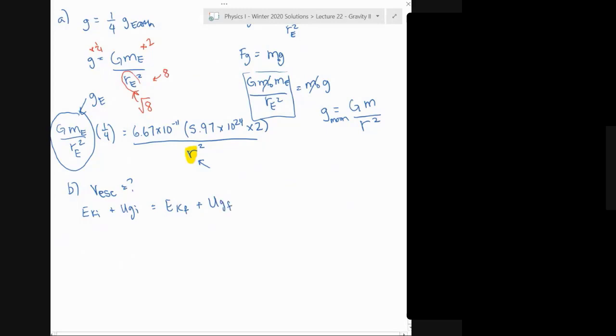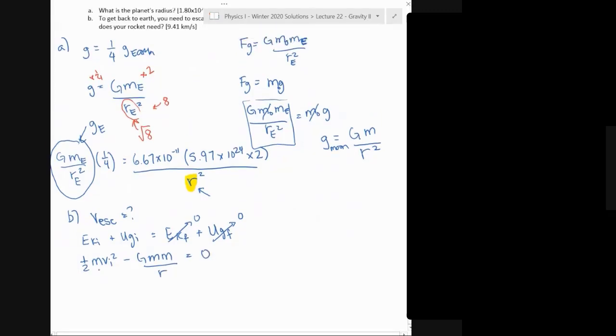But when you're looking for the escape velocity, you finally reach an R value, or a distance, of infinity when you come to a stop. So you've come to a stop, so this is 0, and your R value is infinity, so this is 0 as well. So now we have 1/2 m v initial squared minus G m over r equals 0.